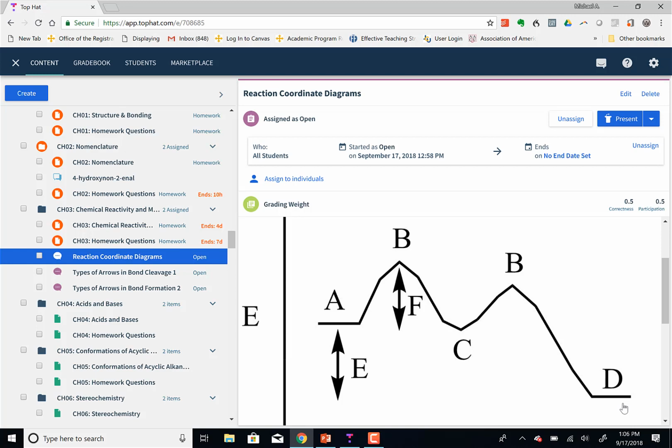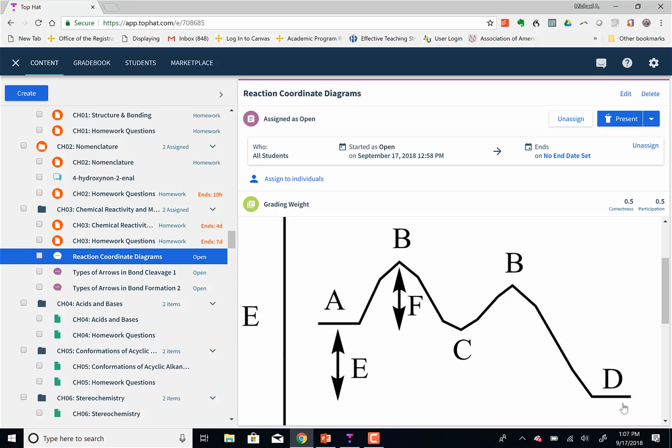C. B. D. F. E. And the delta H in this reaction is... the reaction is endo or exo? Exo, okay. Right? Everybody okay with all that?